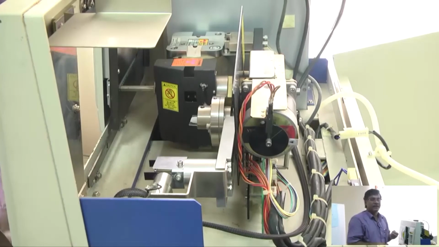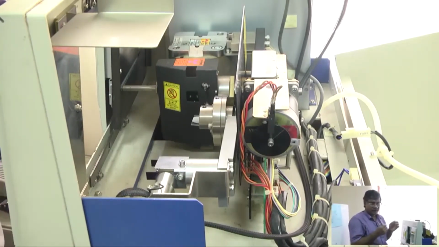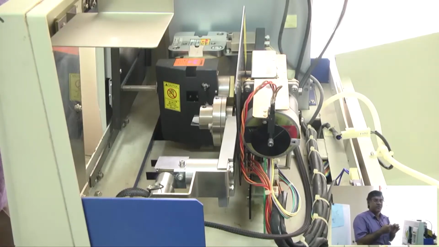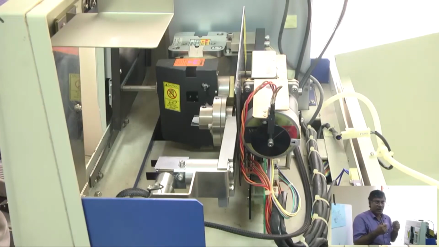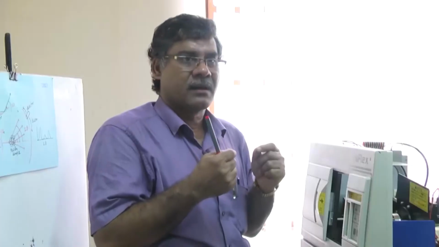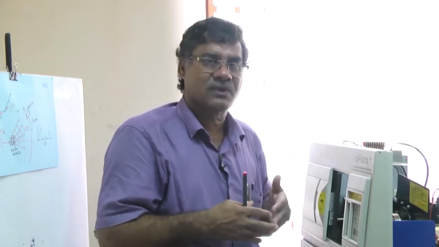As I told, if I give you a mixture of aluminum powder and copper powder, two phases, one aluminum and another copper, what is their ratio in this mixture? One can find that out. Generally we give this experiment to our students.